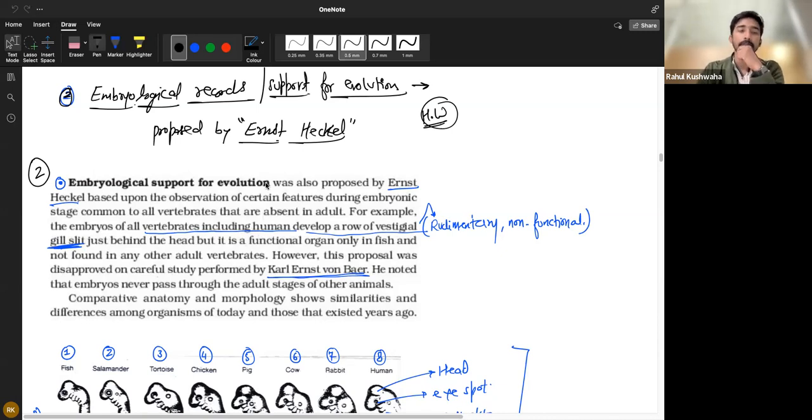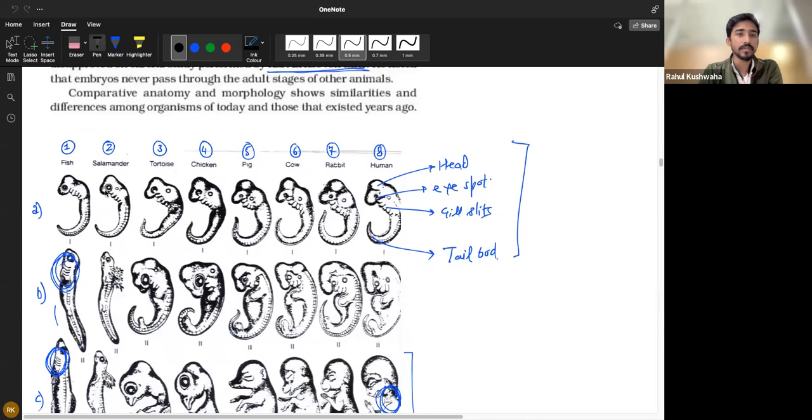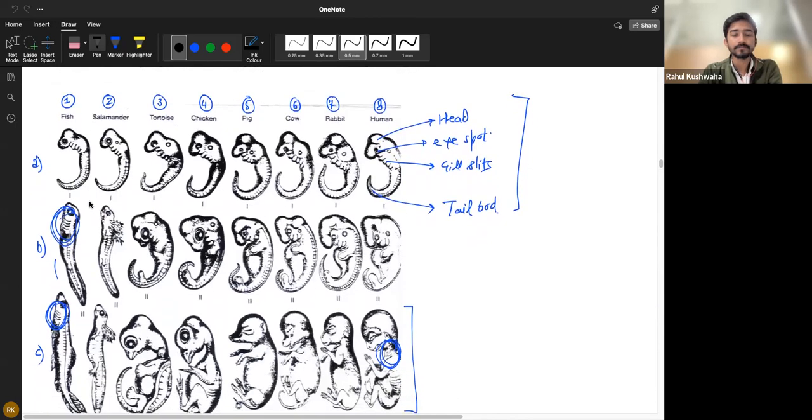In embryology, we see that the first stage embryos of vertebrates, from fish to human, look very, very similar to each other, right?